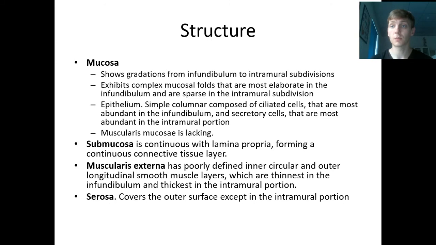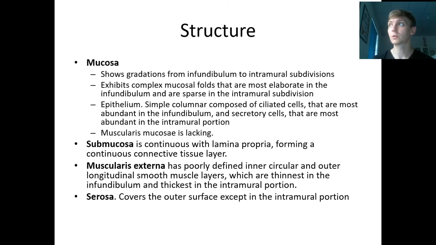Because the embryo has no cilia of its own, with the help of the fimbria and the cilia present in the ciliated columnar epithelium, it moves towards the uterus. In the infundibulum and intramural portion, we have secretory cells, so much more secretory cells. As you remember, at the beginning of this semester I explained that it produces uterine milk.